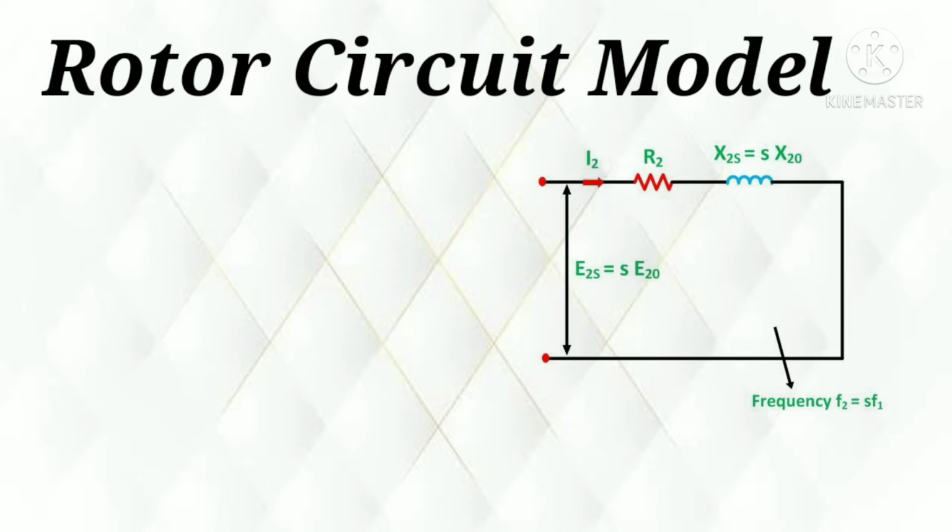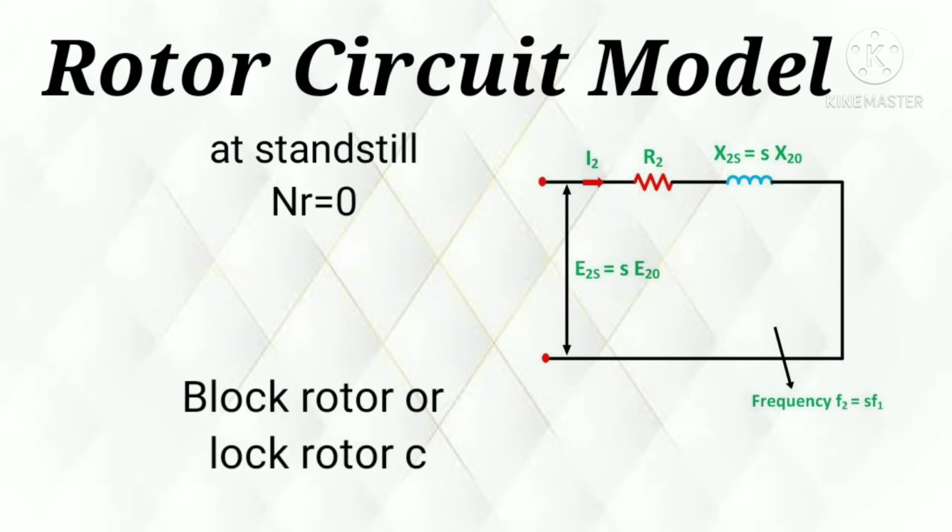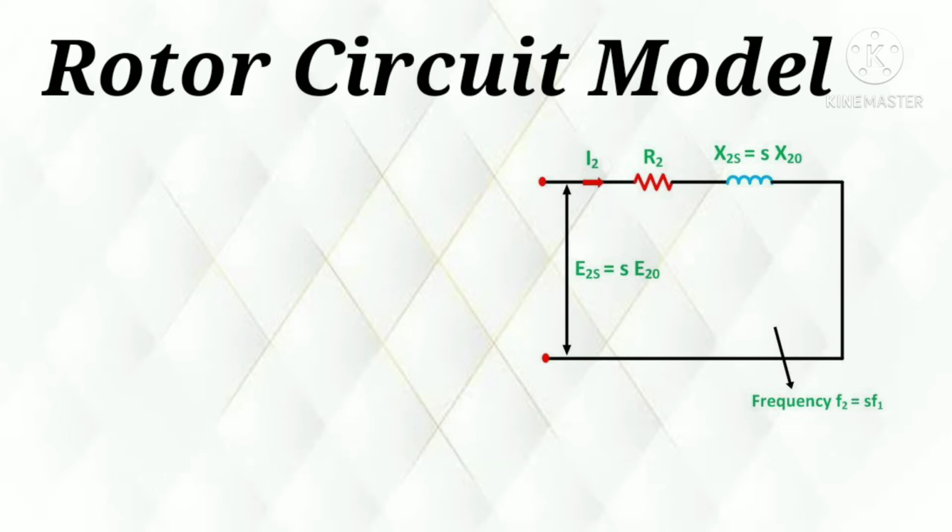The largest relative motion occurs at standstill condition, because at standstill the rotor is stationary and the stator flux is rotating at synchronous speed. Thus this condition is also called blocked rotor or locked rotor condition.